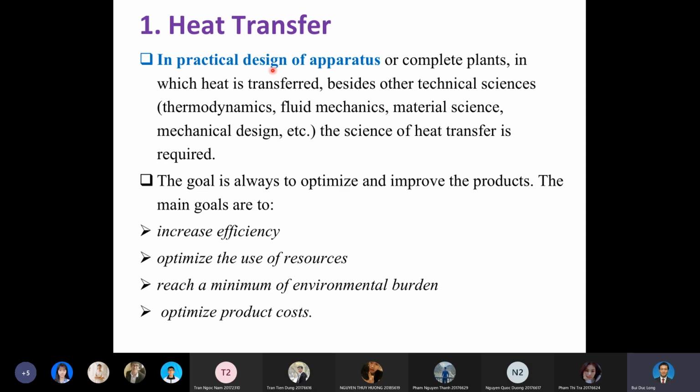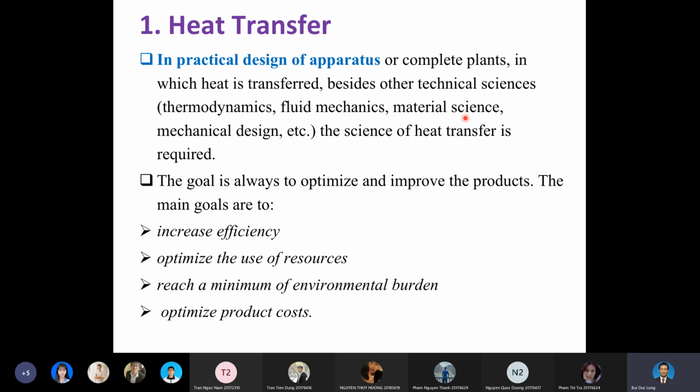So in the practical design of apparatus or complete plants, such as a very large plant, an automobile, or an industrial plant, right? Besides the technical science of thermodynamics, fluid mechanics, and material science, you have to choose a suitable material for this plant for the construction, right?